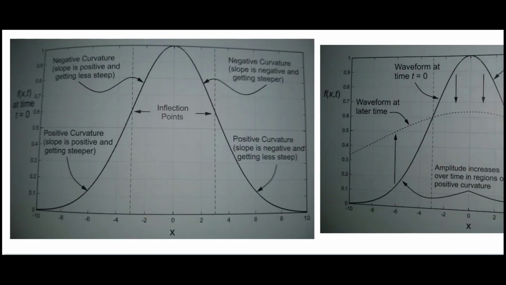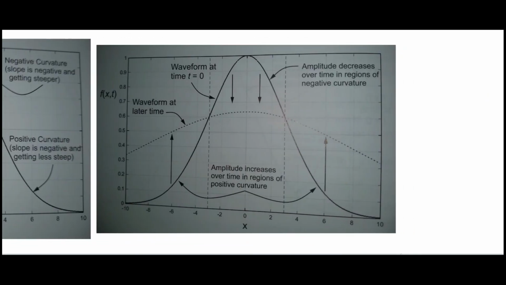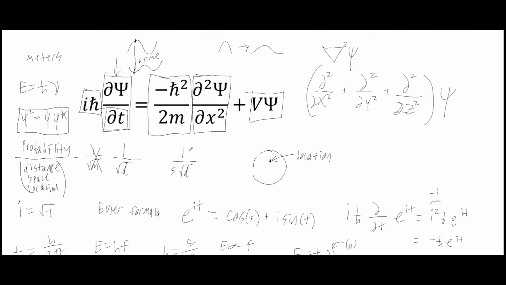And then the change in time: with the diffusion equation, we have this diffusion happening where it's flattening out. The change in time is going to be somewhat different in our Schrodinger equation because of that i here, that imaginary number.